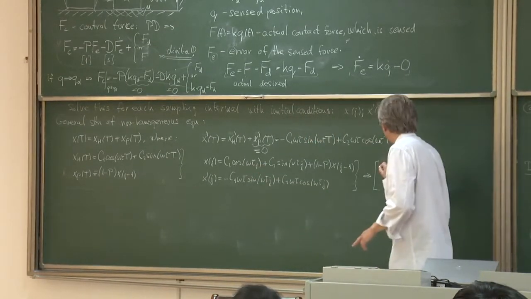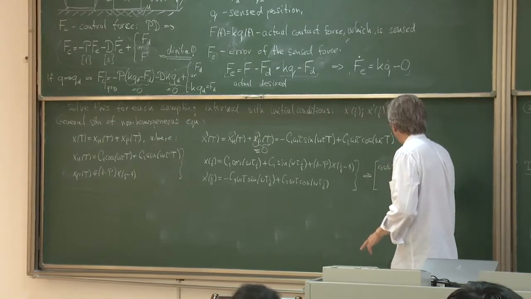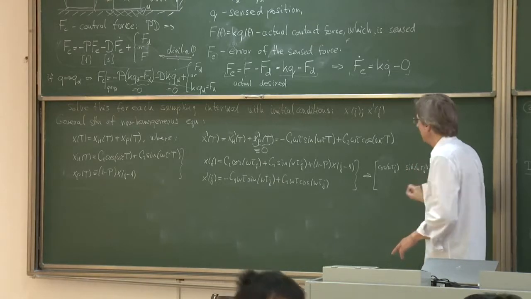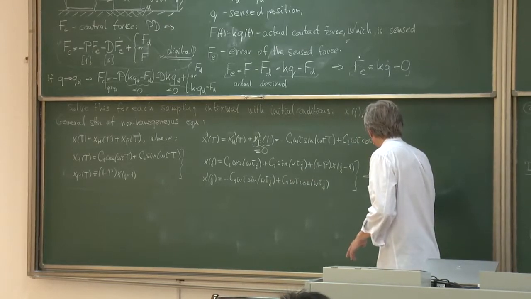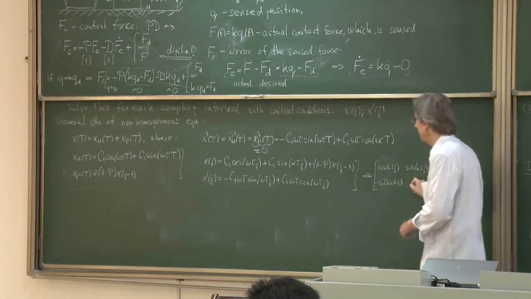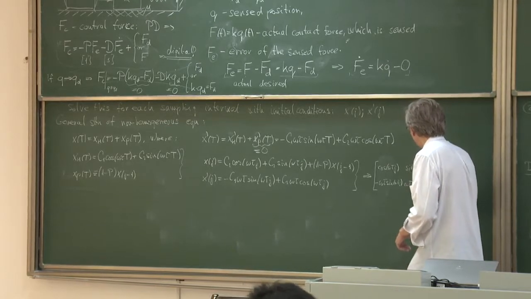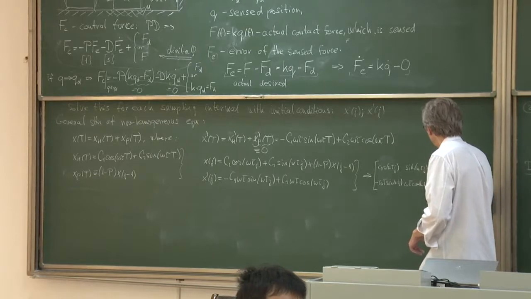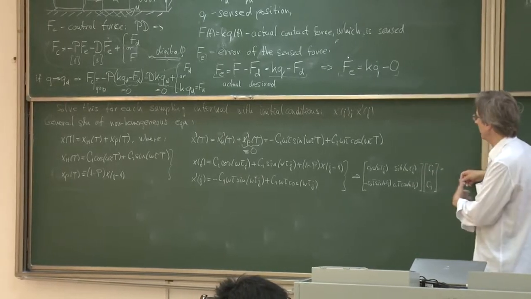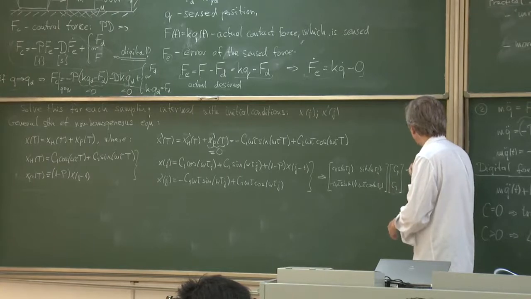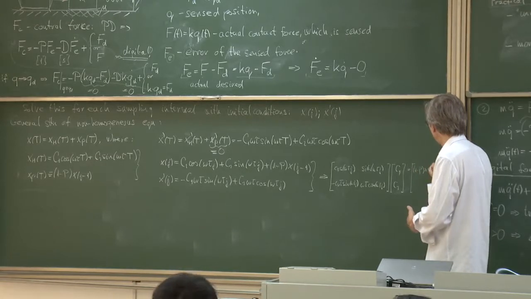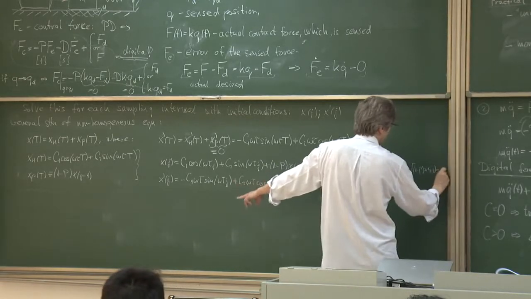The coefficients of C1, C2: there will be cosine omega tau j, then there will be sine omega tau j, then in the lower left corner it will be minus omega tau sine omega tau j, and in the lower right corner it will be omega tau times cosine omega tau j, and this is multiplied by C1 and C2, and this will be equal to, on the other side, well, I don't have enough space to spell it out, but there will be this 1 minus p times x at j minus 1, and there will be this minus xj, okay?